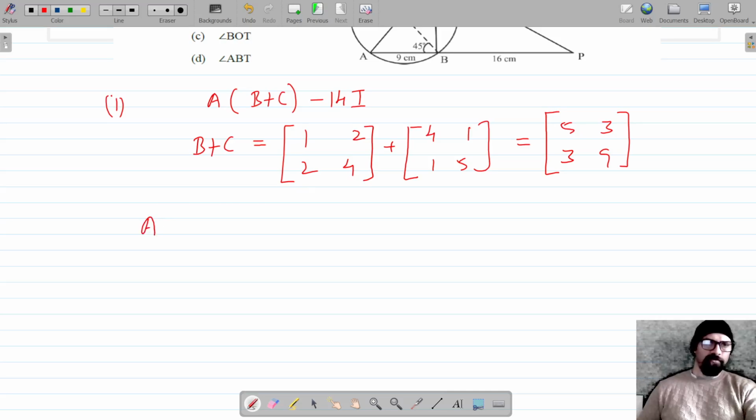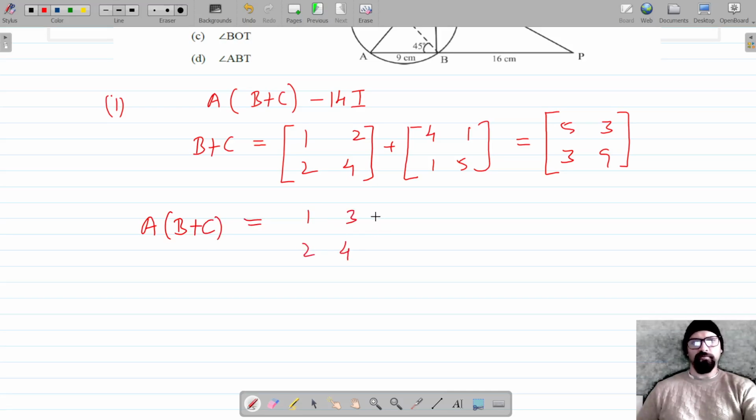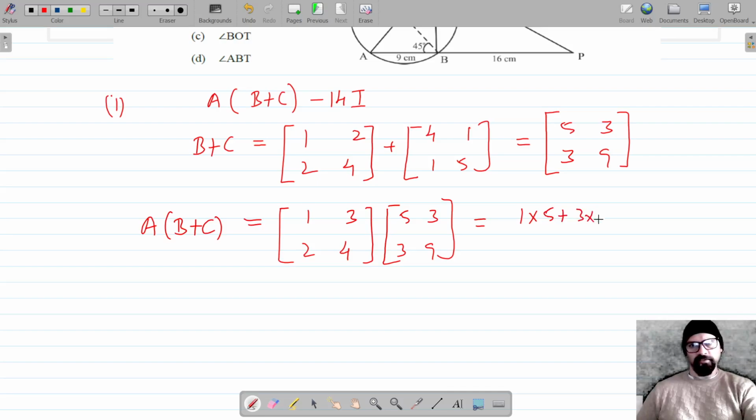Now we have to find the product of A into B plus C. So A is 1, 3, 2, 4. This is the A matrix. And B plus C is 5, 3, 3, 9. So I'm going to find the product, which is the sum of the products of the elements of the row and the column. First row and first column: 1 into 5 plus 3 into 3.